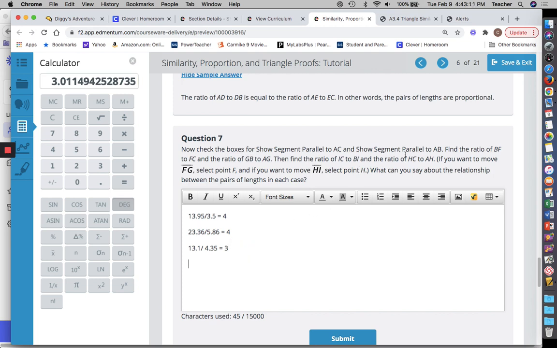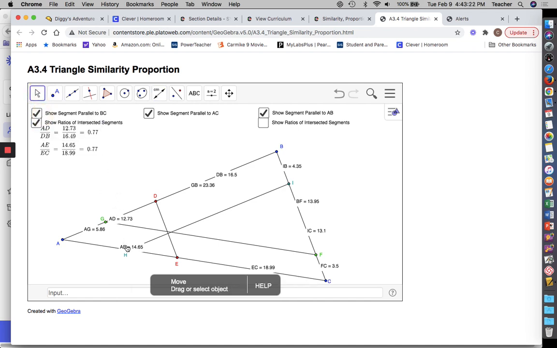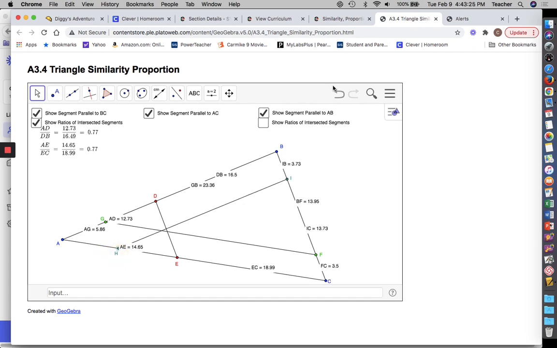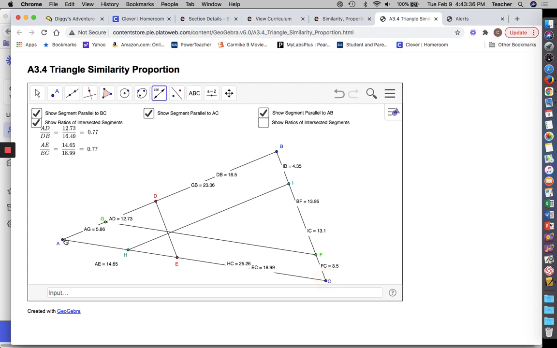All right, what I've got to do now? HC and AH. Where's HC? Oh, I can't see H. I've got to move that so I can see it. Whoa, I didn't mean to do that. I need to move this, not H. All right, so let's click distance H, C, and A, H. So HC is 25.26.